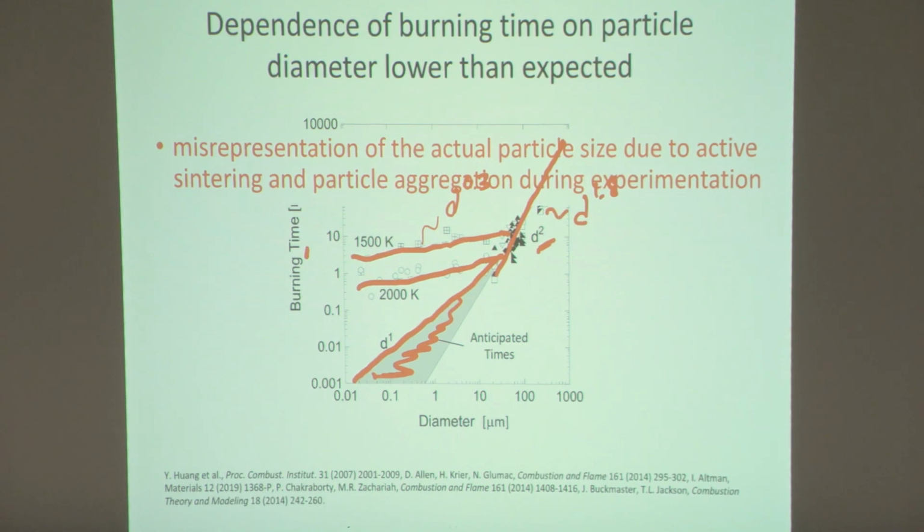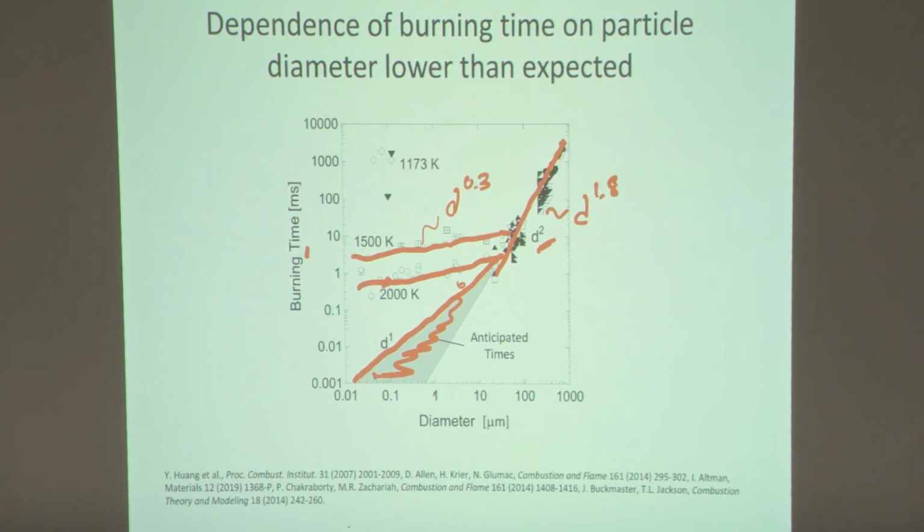You have a primary particle, and then a small aggregate that maybe has 10 of those particles joined together, and they have a fractal dimension to them. Before they burn, they could have actually sintered together, and we don't know the original size. So maybe I thought this was a small particle here, but because of sintering, it really had a diameter over here. So that may be one reason.